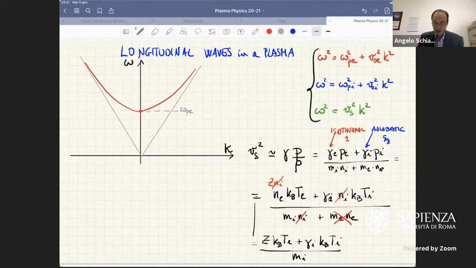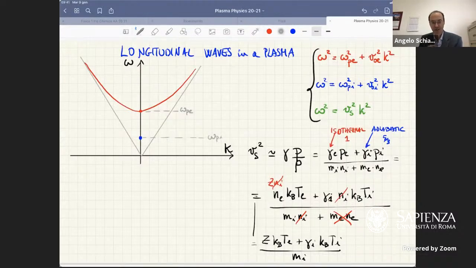Then we have another relation, and we have for the ions the corresponding omega p ions.